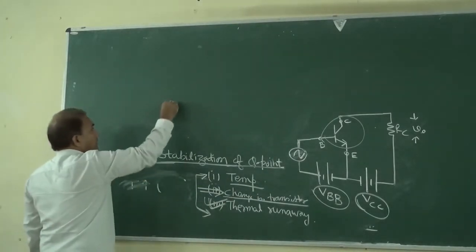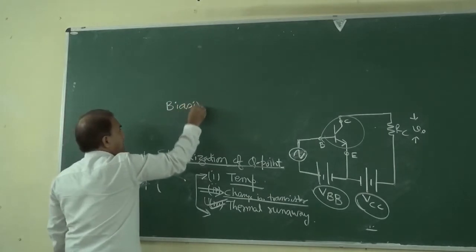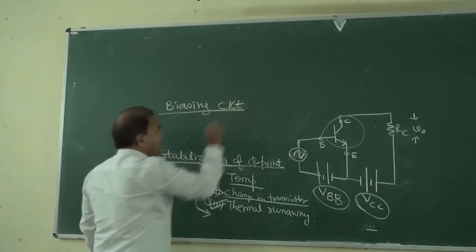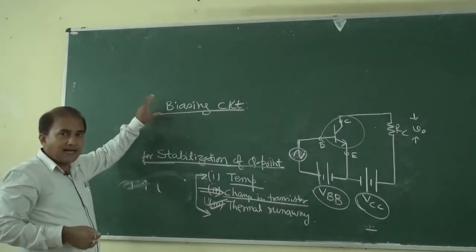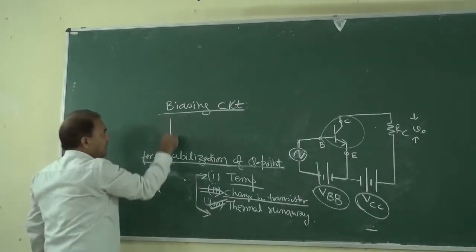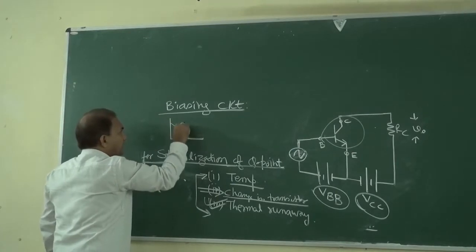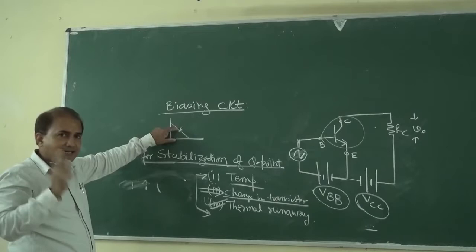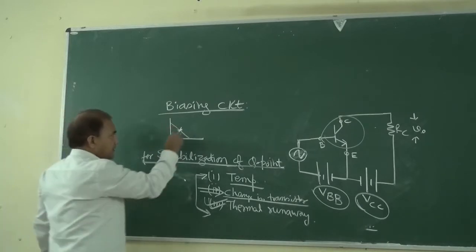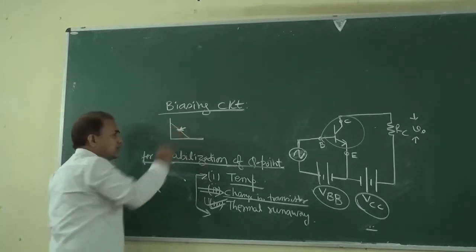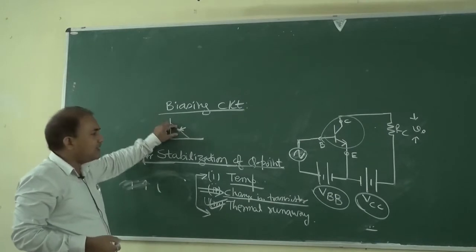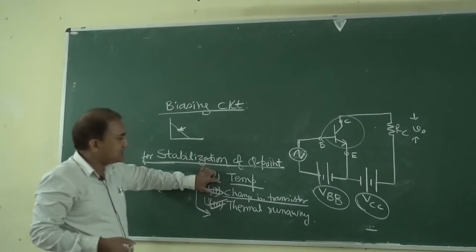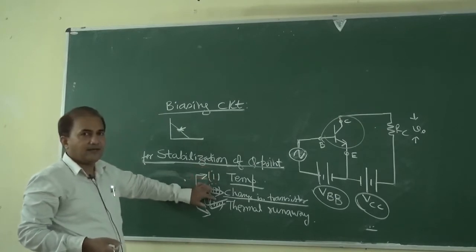So why is a biasing circuit required? A biasing circuit is required first to fix the Q point in the middle of the active region, and second, this Q point should not change due to the variation in temperature, due to the change in transistor, and due to thermal runaway.